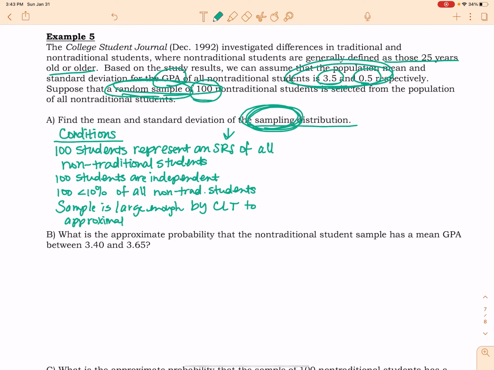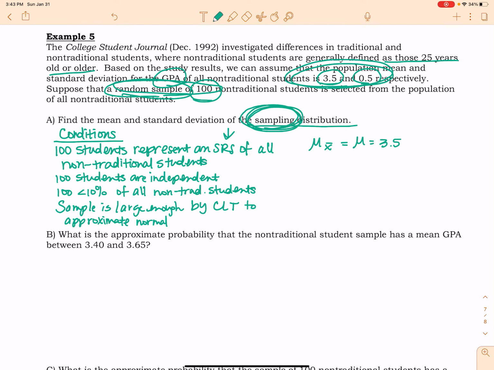Because remember, my central limit theorem tells me that if my sample's large enough, the shape will take on a normal shape and it will have reduced variability. So now I am going to find my parameters. My mean, of course, is going to be equal to the population mean that I was given.